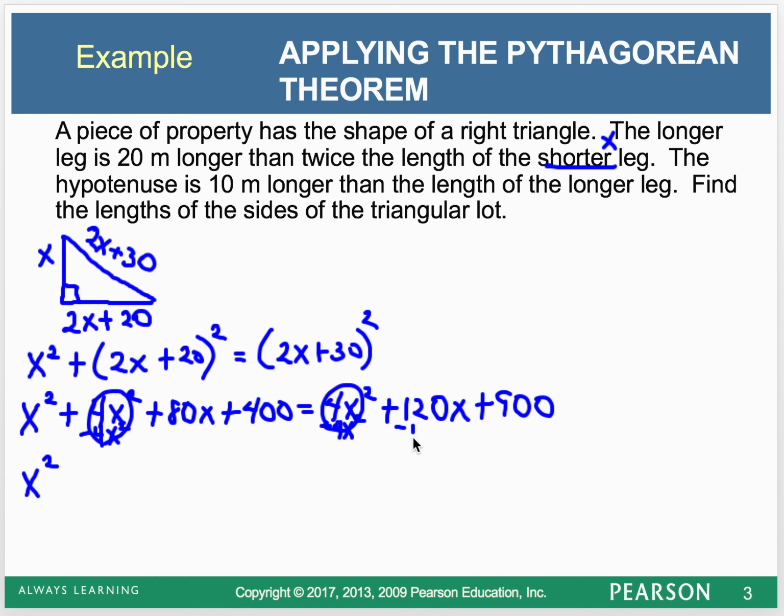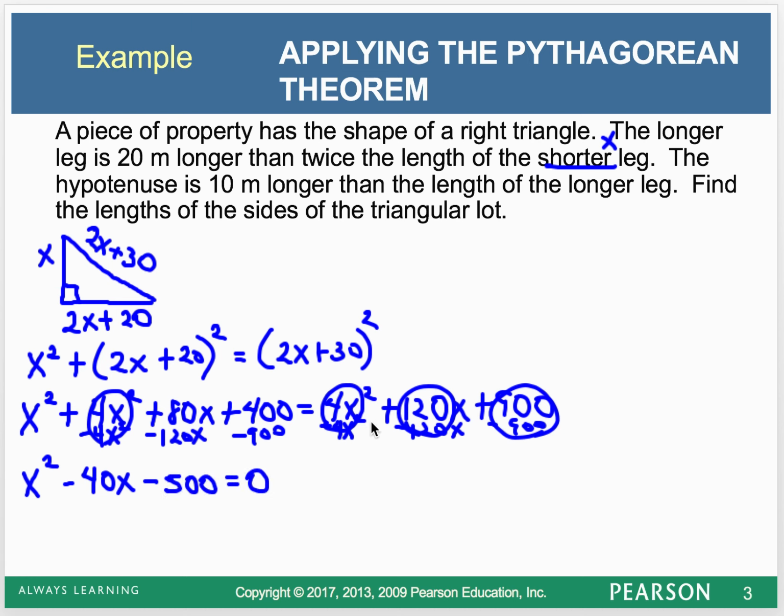Let's subtract 120x to combine these terms. Right, so that's gone. That's negative 40x. And then if we subtract 900 from both sides, we have negative 500 equals 0.